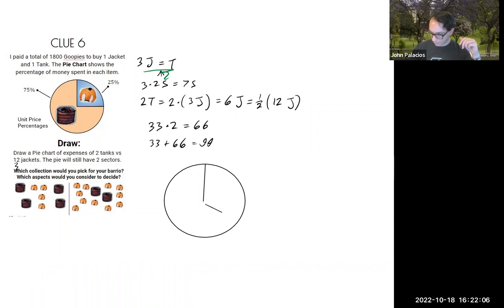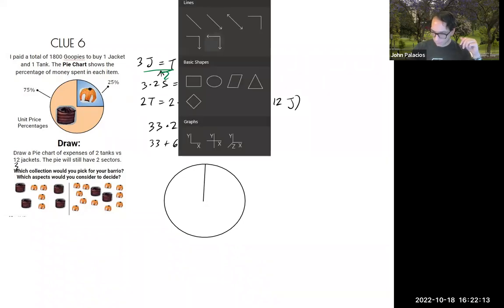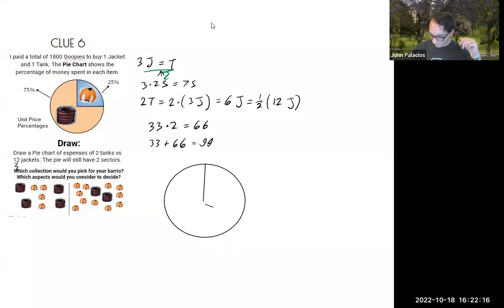So I'm going to draw another line. Oh no, Microsoft, you failed me. Let's get rid of that and draw another line here. Okay, I'm done with trying to do that. There we go, close enough. So this is about 2/3. So this is the price for 2 tanks versus 12 jackets. And I invite you to play with that in order to verify that or perhaps correct it.